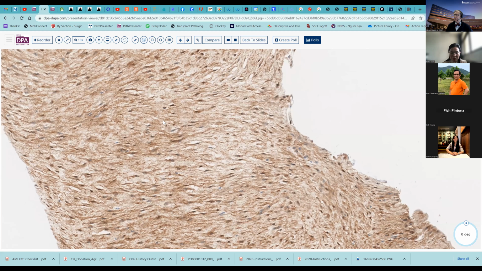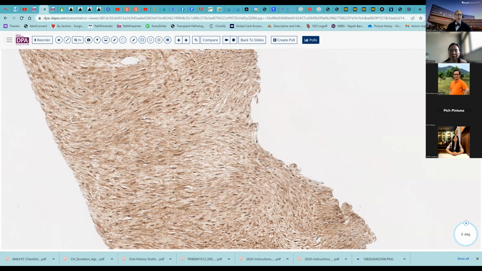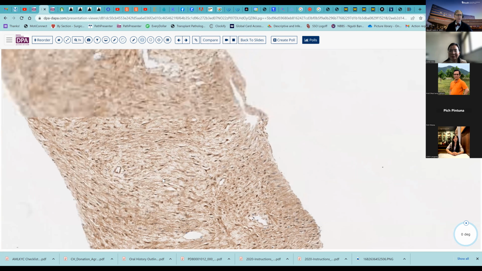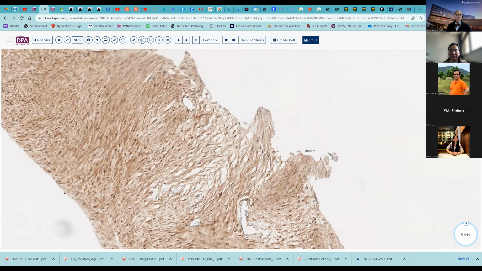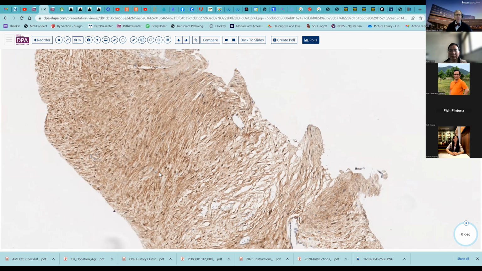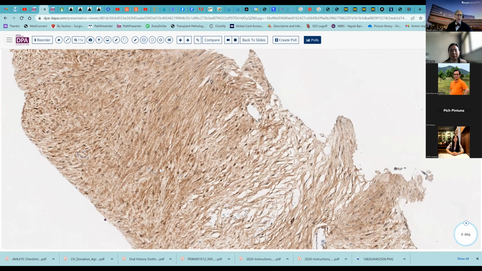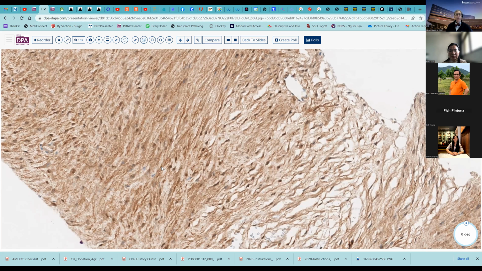But the challenge with this immunoperoxidase stain is that it's not 100% sensitive to the mutation. And so there are cases where if we have a negative beta-catenin stain, we will send the tissue for genetic analysis to look for CTNNB1 mutations because they don't want to do surgery on this if they don't have to.